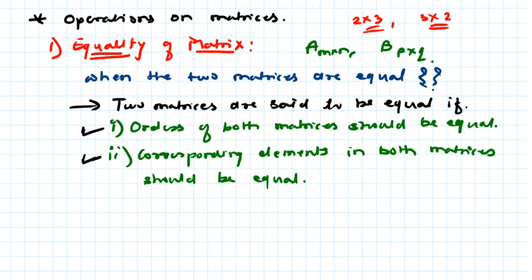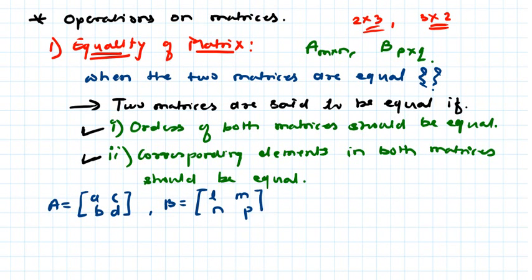Okay, for example, suppose I take the matrix A with entries A, B, C and D. Suppose matrix B has entries L, M, N and P. Then I will say the matrices A and B are equal only if they satisfy those two conditions.